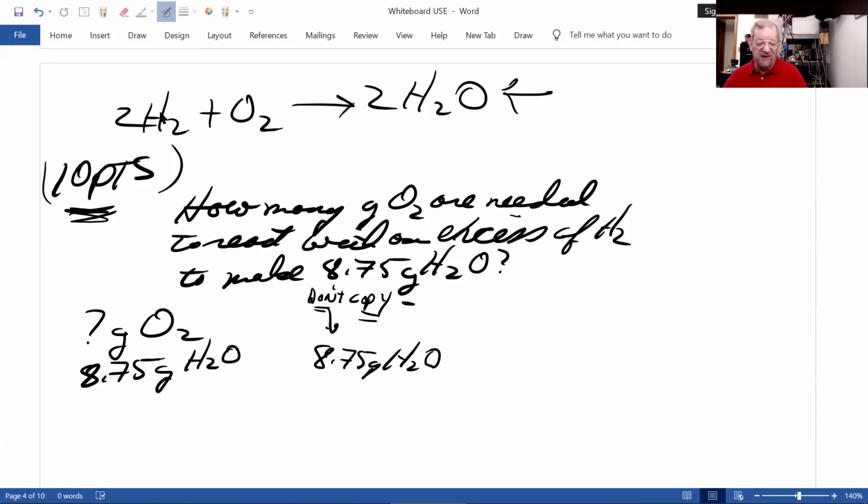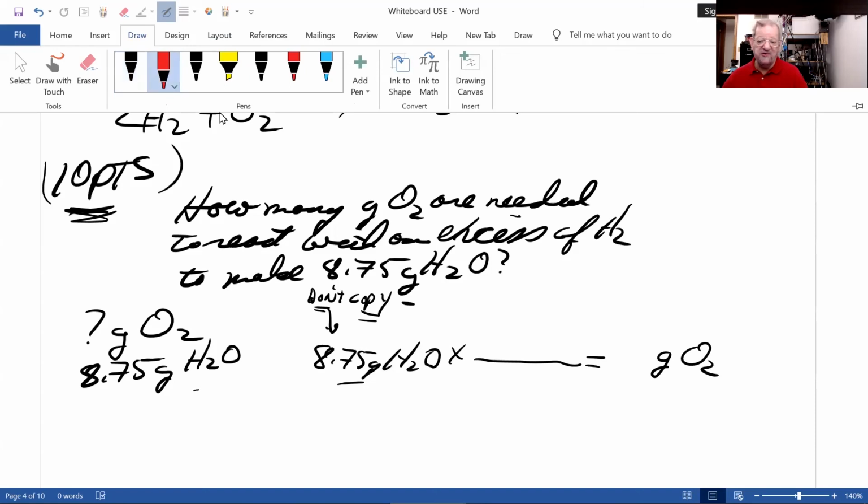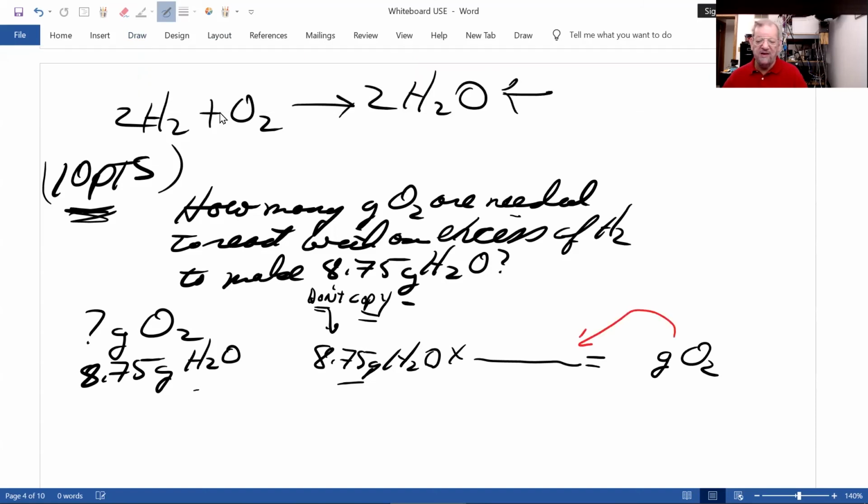I have this amount of water that I'm given, and my good buddy unit analysis says if I have a ratio, what do I want my answer to be? Grams of O2. Since I know unit analysis, I'll put this on top, whatever I'm trying to get to. I'm doing it in red for a reason. And this underneath.